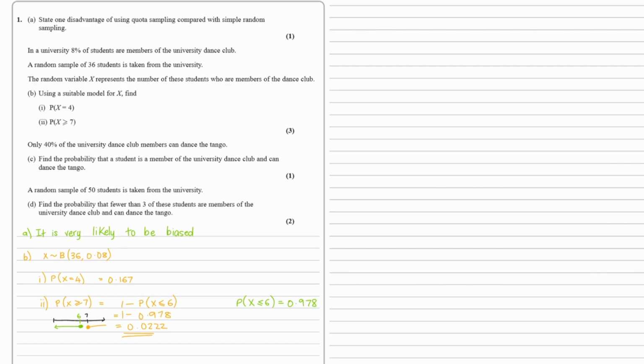The next part says, only 40% of the university dance club members can dance the tango. Part C, find the probability that a student is a member of the university dance club and can dance the tango.